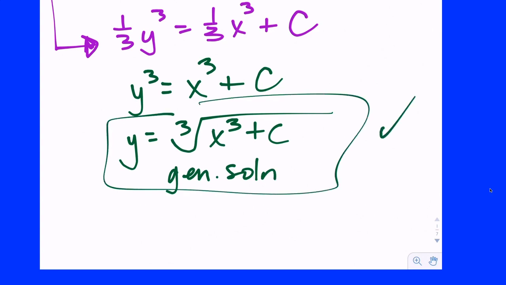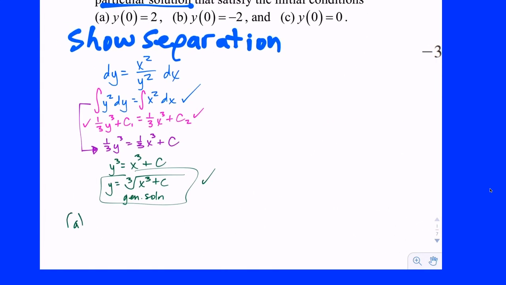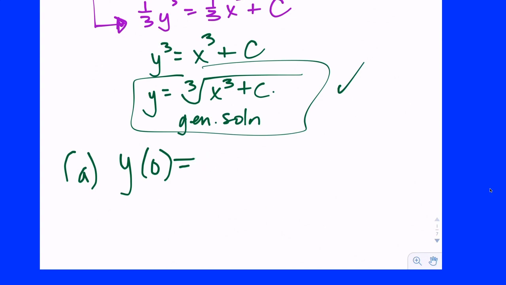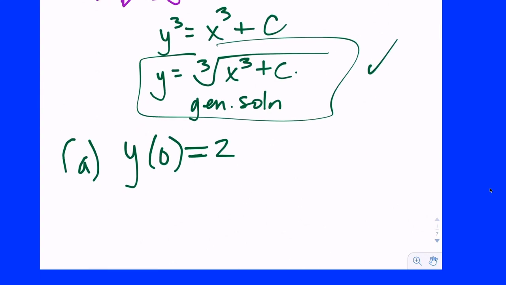General solution. Now, to get a particular solution, we need to have some information about the original function. Well, that's what parts A, B, and C are. On part A, it says that it's passing through the point 0, 2. Let me rewrite that. 0, 2. So how are we going to find C?